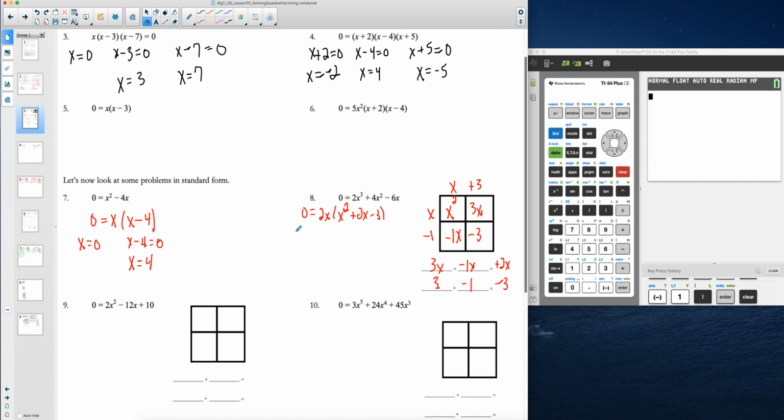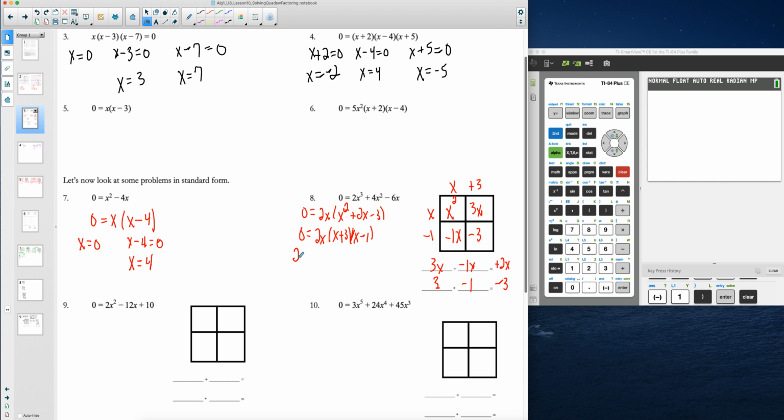So now when I come back over here to my solving, I have 0 equals, and I have 2x. So remember, we always have to take that GCF and bring it down, and then I have x plus 3 times x minus 1. All right, and so now we have to take each of those factors and set them equal to 0 and solve.